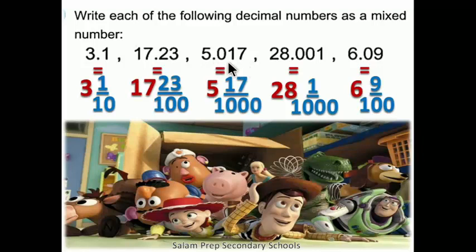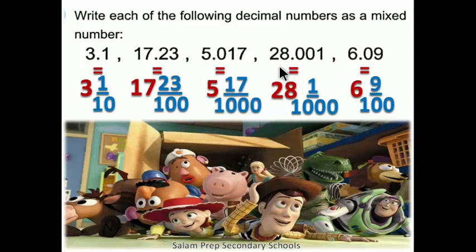The digits after the decimal are 017, so I will write 17 in the numerator. Now I want to write the denominator. Look at the decimal part. There are tenths, hundredths, thousandths. 3 digits means thousandths. So I will write 1000 in the denominator.